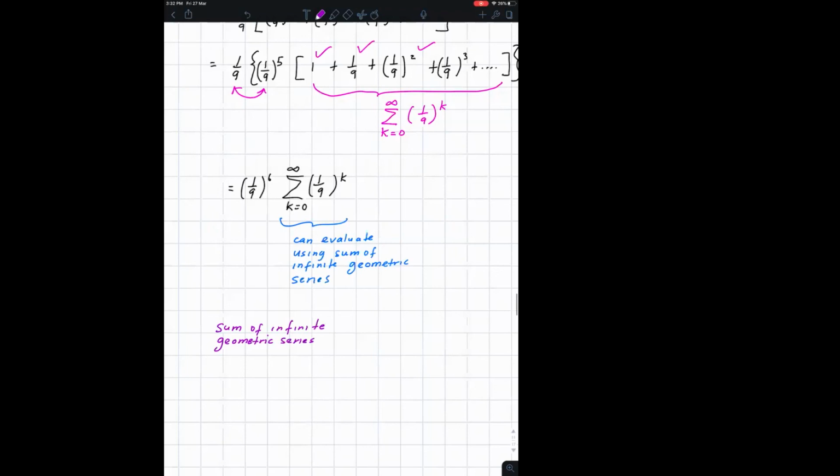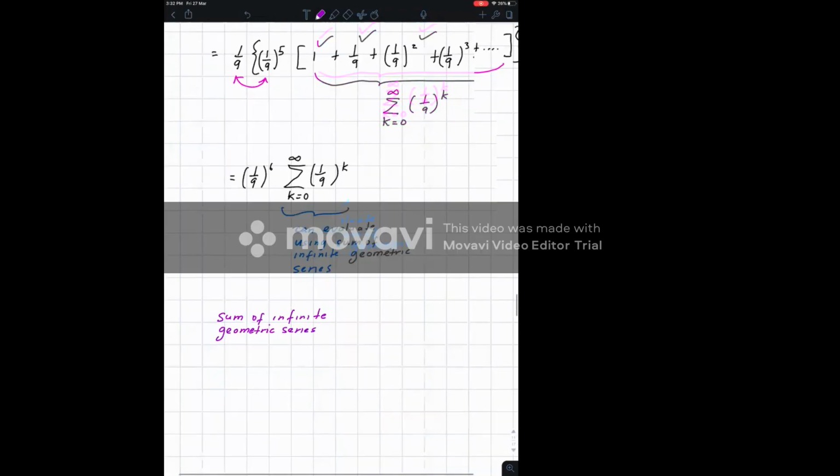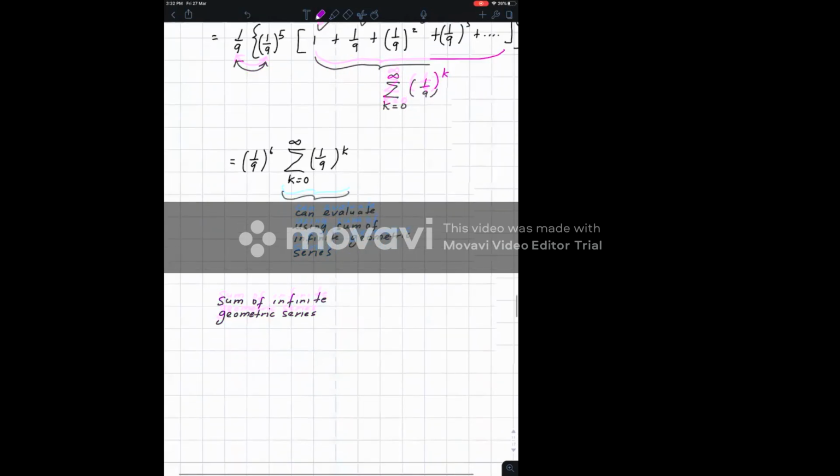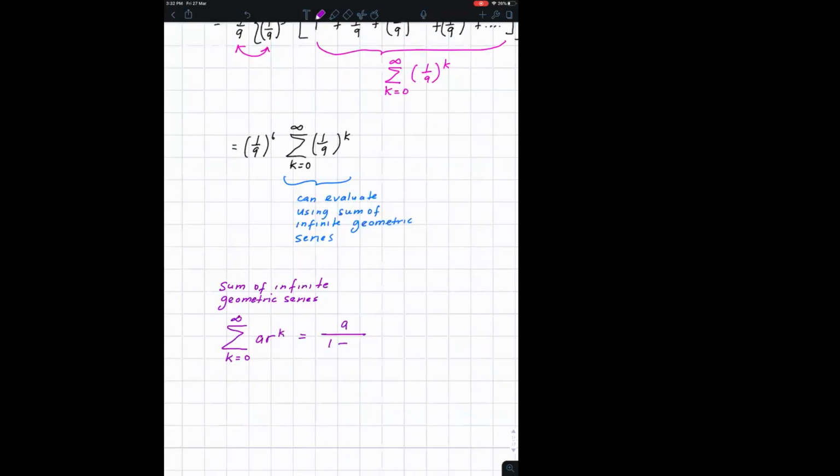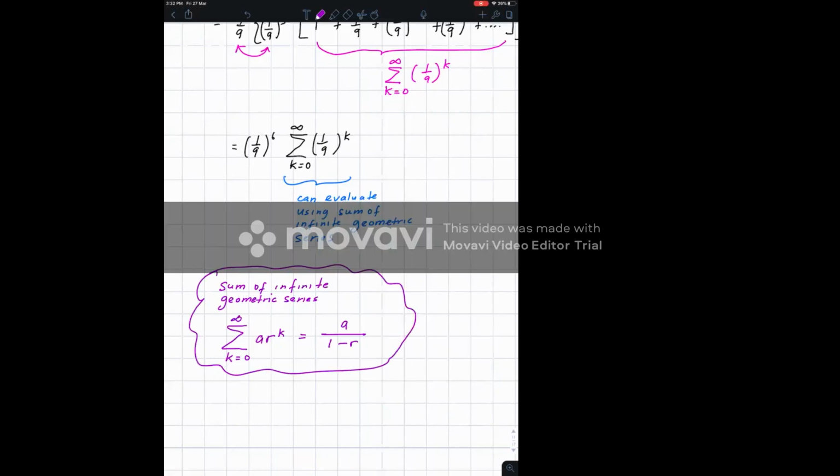The sum of the geometric series a times r to the power of k is equal to a over 1 minus r. Okay, so using this formula, we should be able to evaluate and solve our problem.